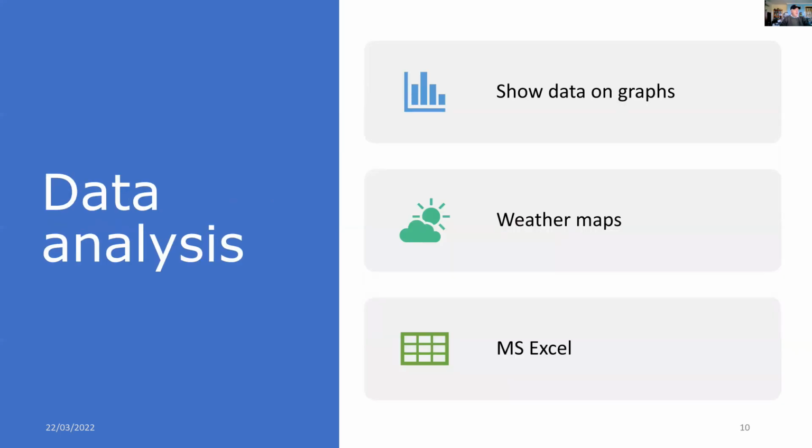So in the data analysis, we can look at the data and look for trends and begin to show that data on graphs, and also plot the data onto weather maps. And the tool that I'll be using for doing this is Microsoft Excel, which is a spreadsheet.